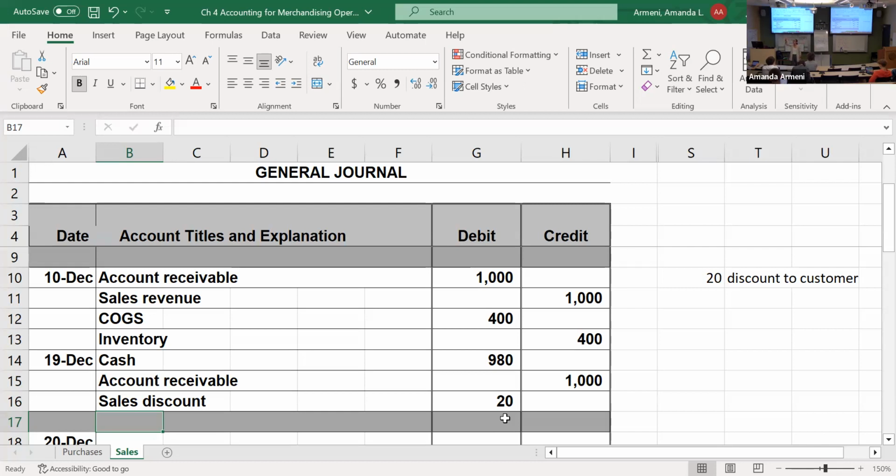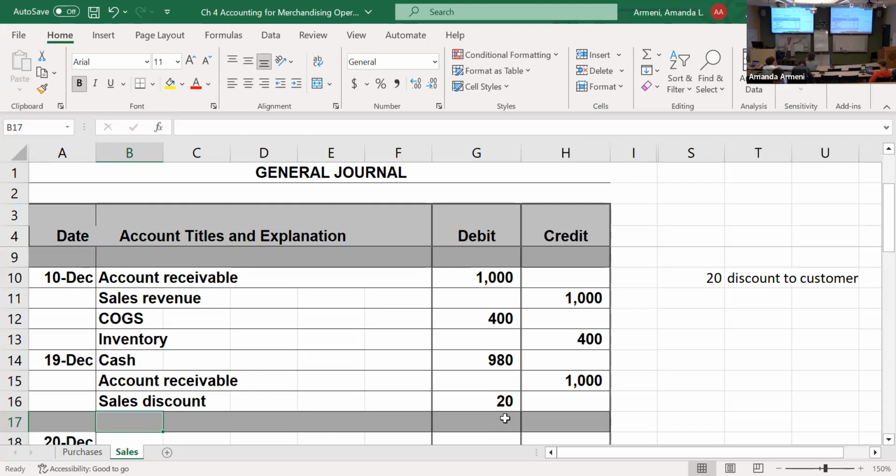But the rules say don't touch it. We have to use a contra revenue account to show that our sale is actually a little bit less than $1,000. That's what the rules say we have to do. Leave the sales revenue account alone and introduce this contra revenue account called sales discount. It's decreasing the overall sale.